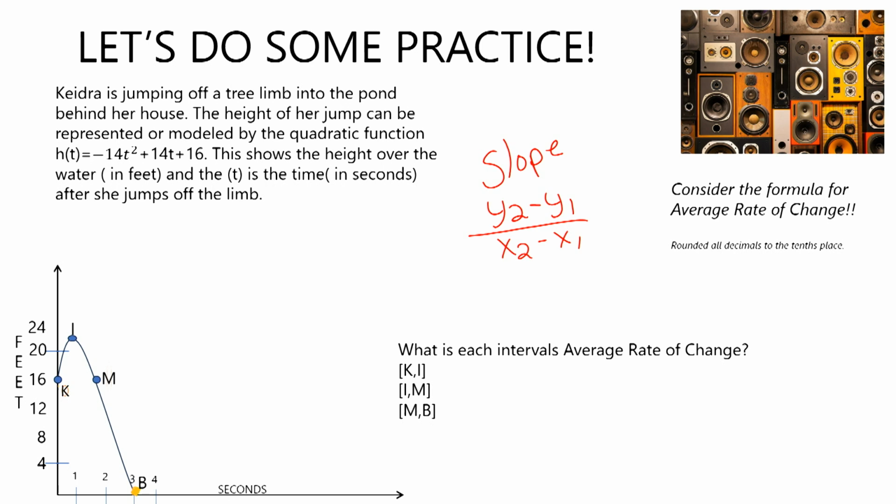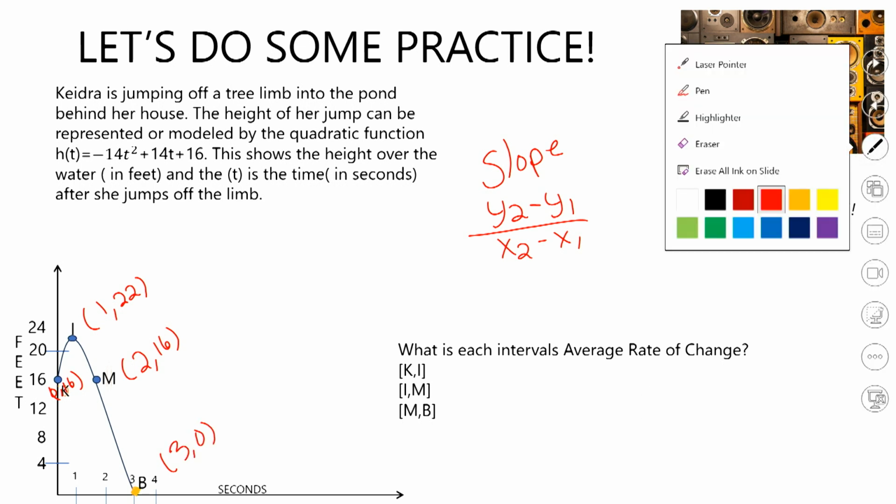So K's coordinates are 0, 16. I's coordinates are 1, 22. M's coordinates are 2, 16. And then B's coordinates are 3, 0.